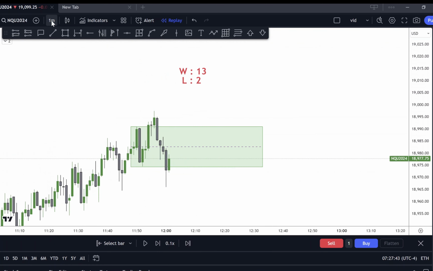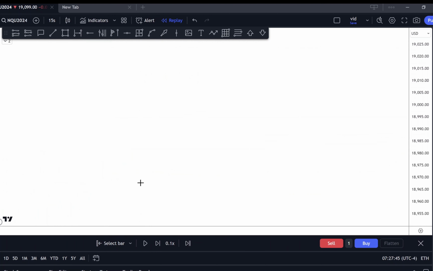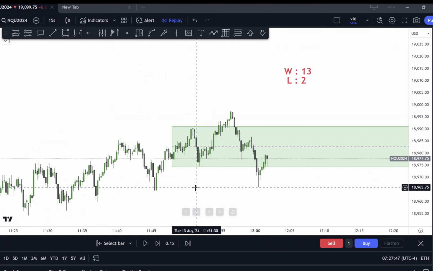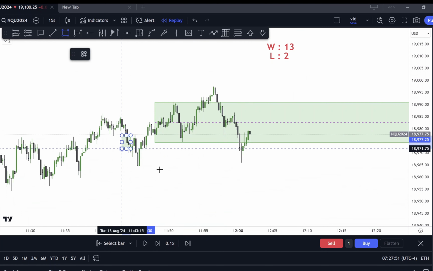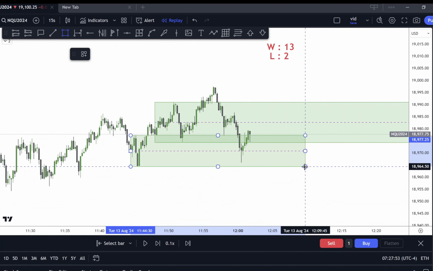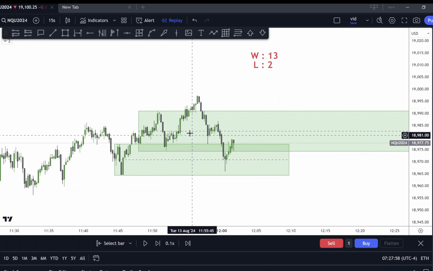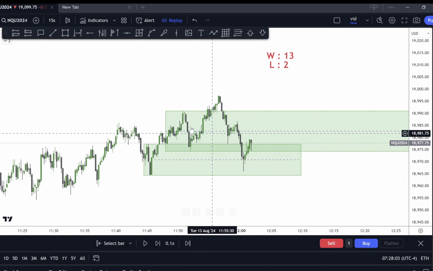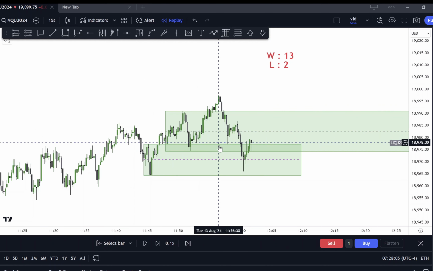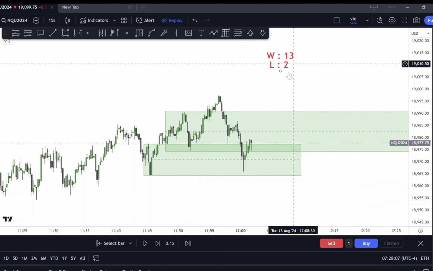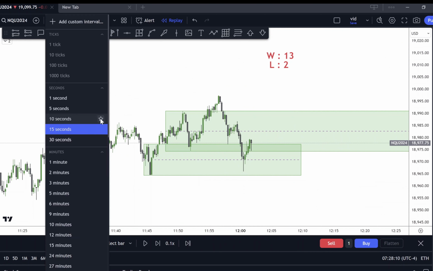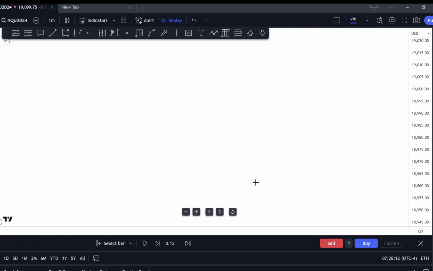Why was this a loss? Because in the 15-second, we had this perfect glitch setup. So whenever we have a glitch under a zone, just know that the zone will get wicked just for price to come and resume its way, right?